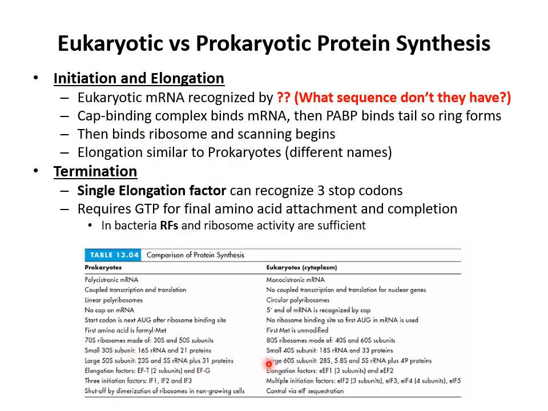This was just to show you that ultimately eukaryotes are basically more complex, and so all of these differences kind of accommodate for that. But I want you to focus on the difference of the 5' cap versus the Shine-Dalgarno.